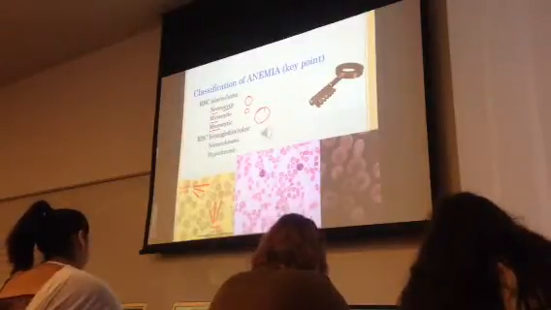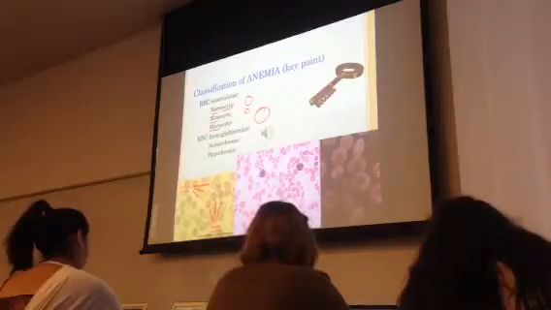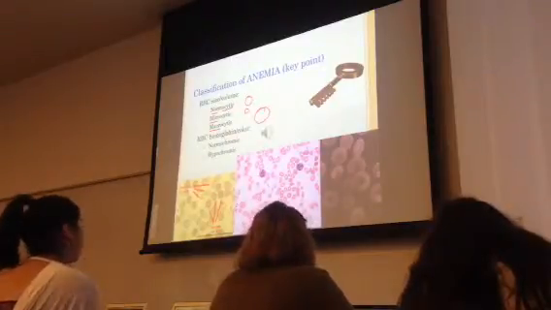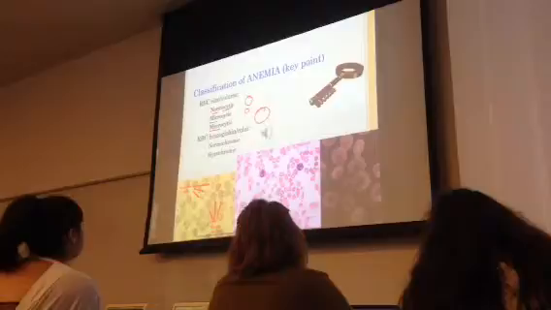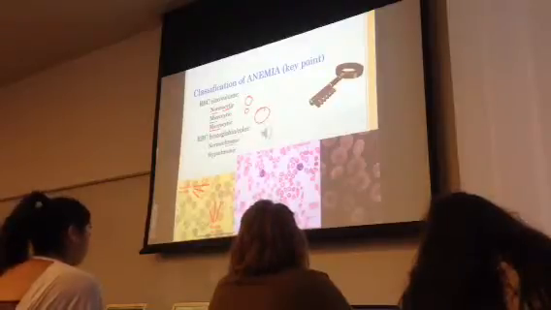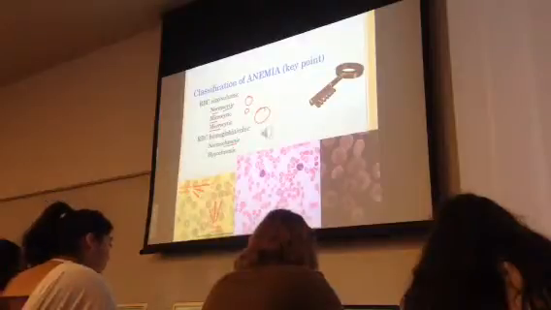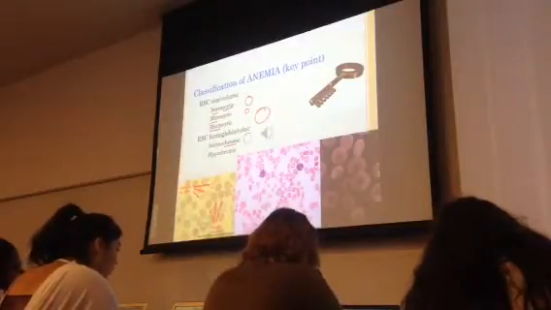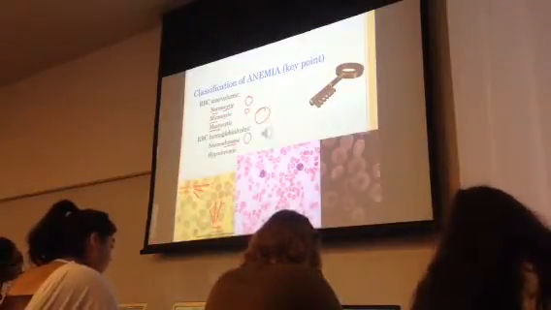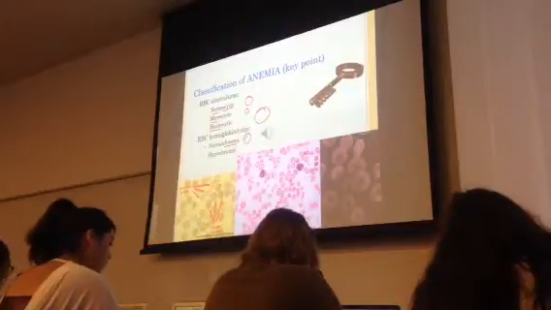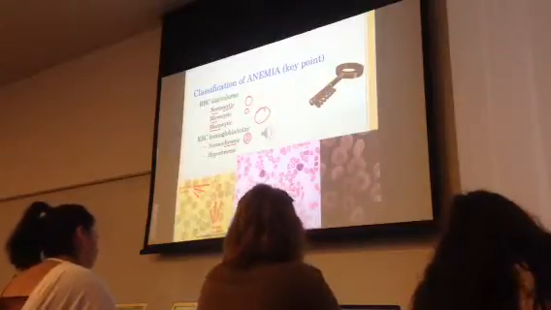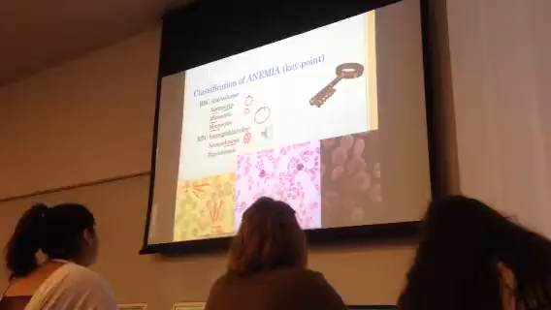So when you're talking about the size, it's normal, micro, or macrocytic. Okay, color is chromic. You can have a normal color. Let's say it looks like this as far as its normal color. Red, right?